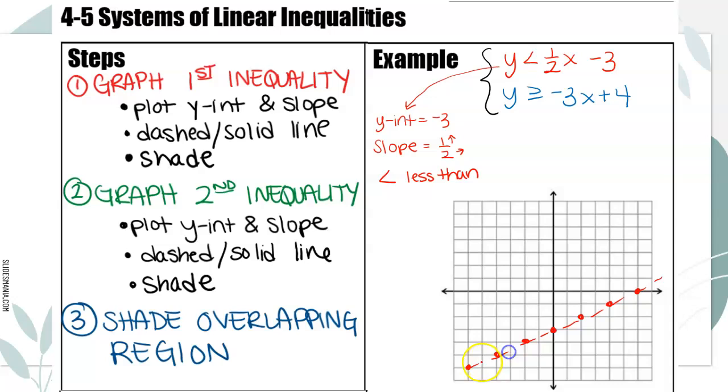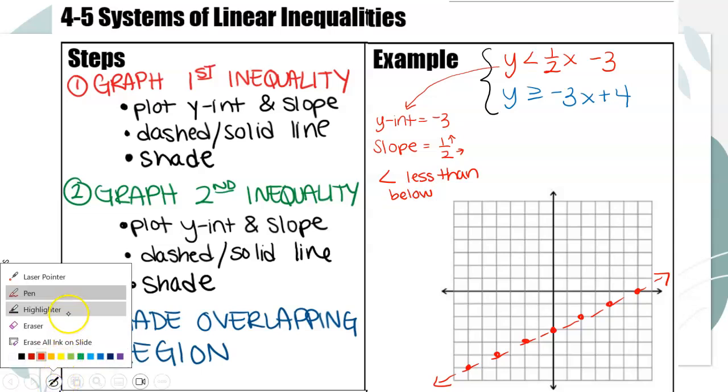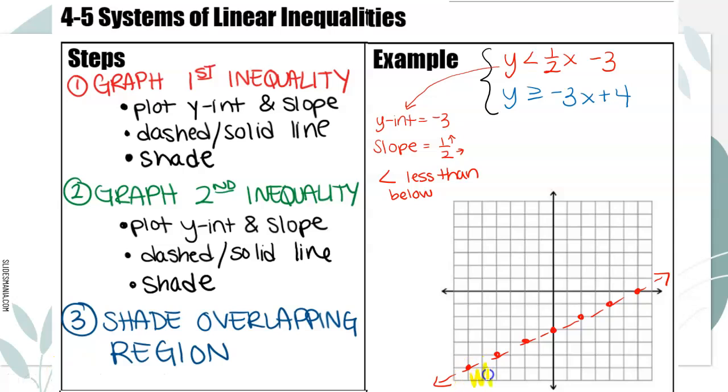It will be a dashed line. The next thing I'm going to think about is how I would shade this. So if this was just by itself, I would think about, well, less than means I am going to shade below the line. I'm going to use a highlighter for this just so it's a little bit easier to shade all that space in. So this would be below that line.